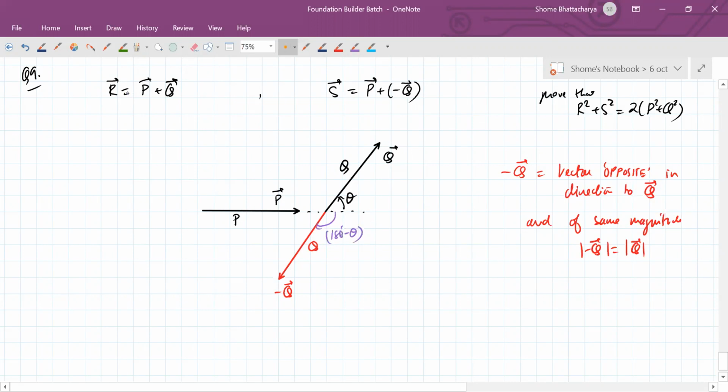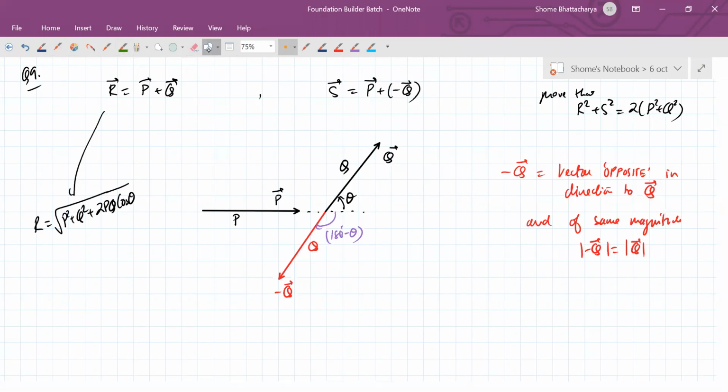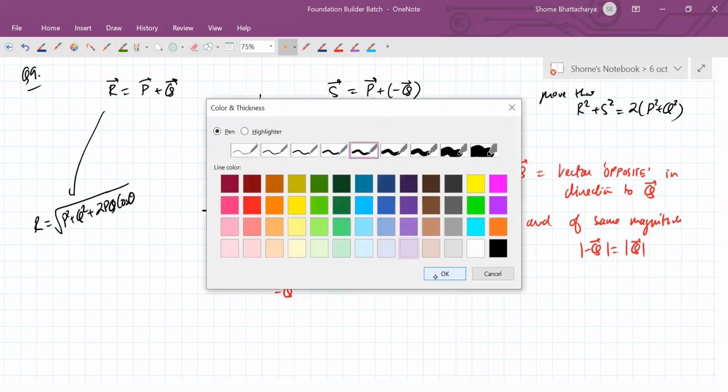Okay, so now let us concentrate on this. So directly we can get from the formula that magnitude of R is root of P square plus Q square plus 2PQ cos theta.